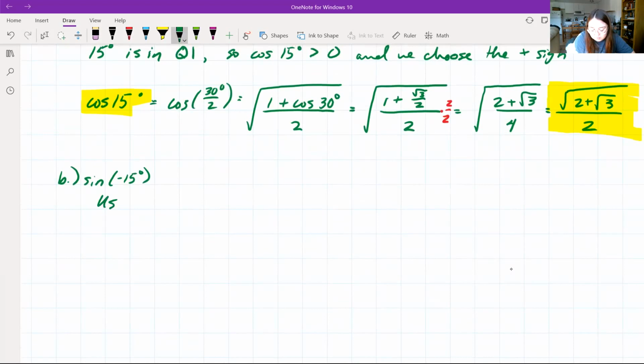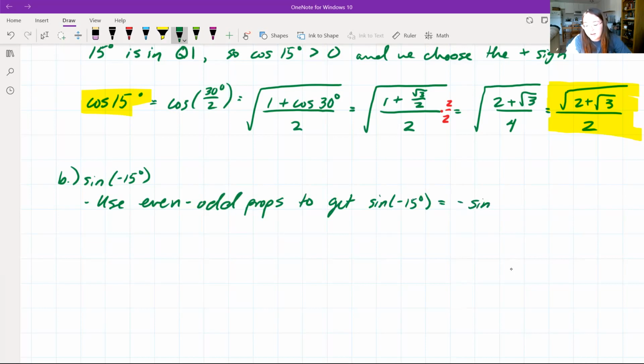So we use even odd properties to get that sine of negative 15 degrees is equal to negative sine of 15 degrees.